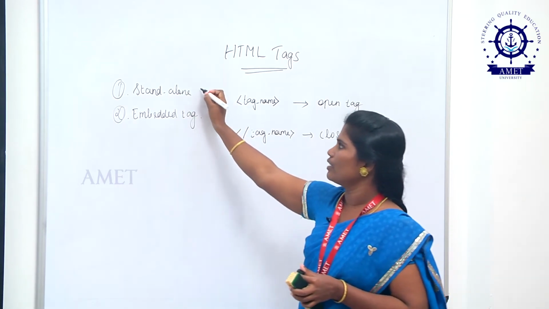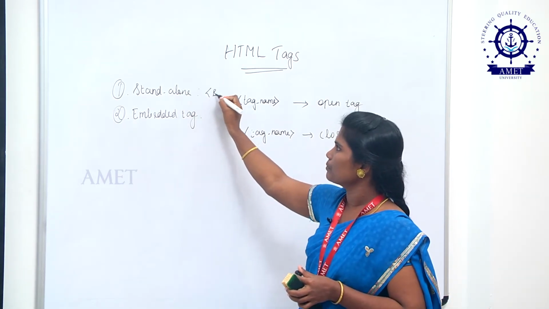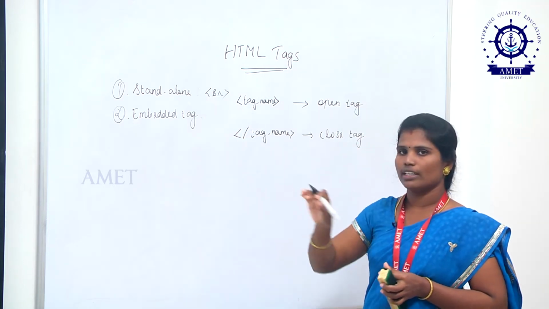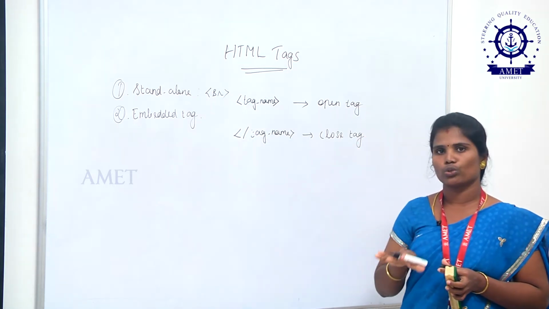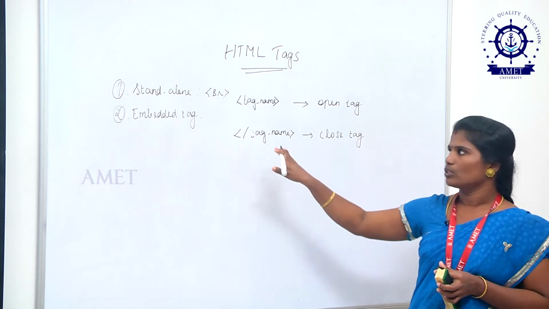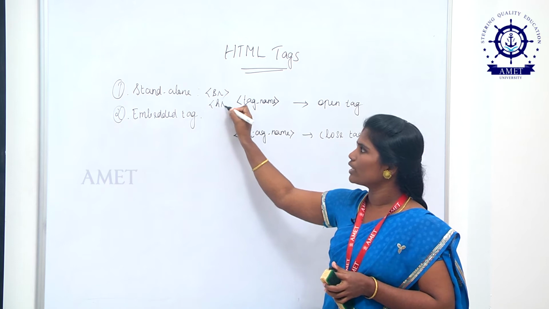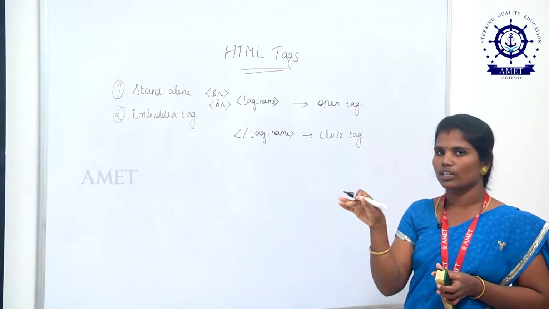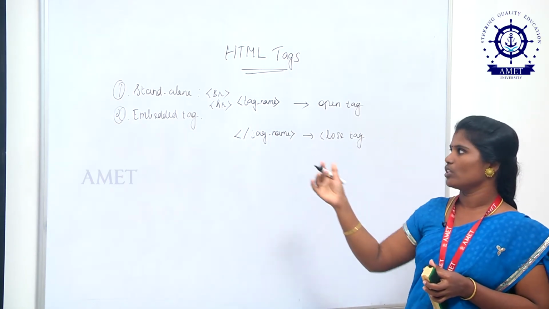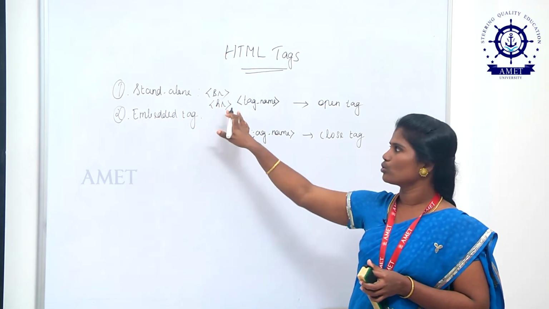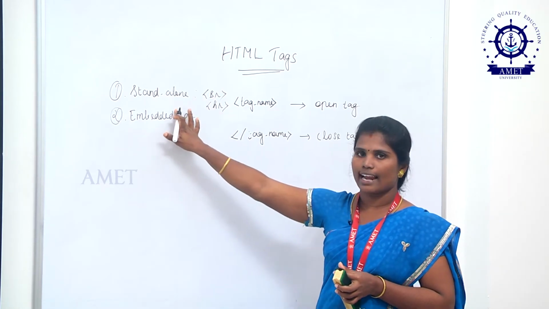For example, break. It gives you a line break. It does not have any close tag, so this is known as standalone. Like that you have horizontal rule. It gives you one horizontal line inside the web page. It does not have a close tag. So those tags are called standalone tags.